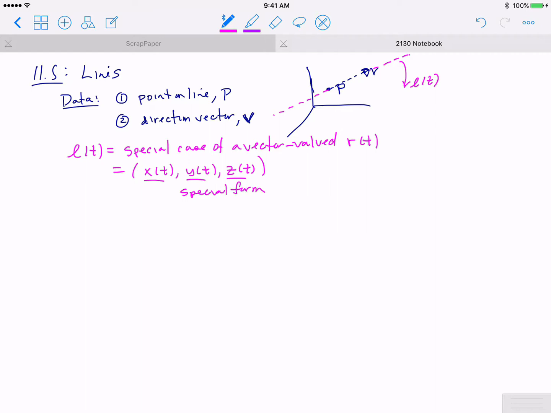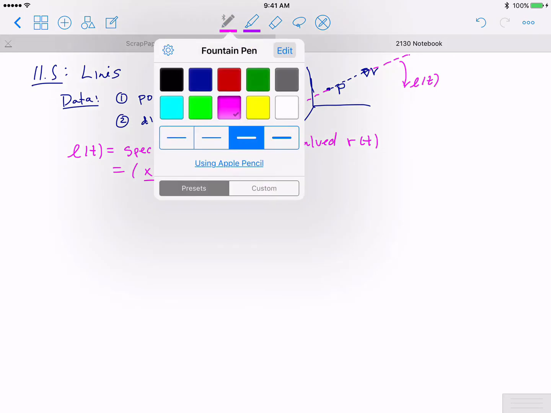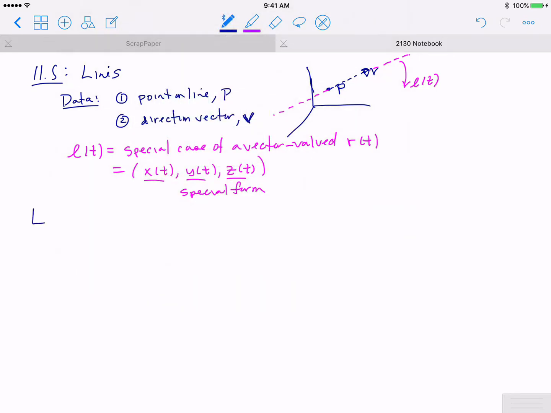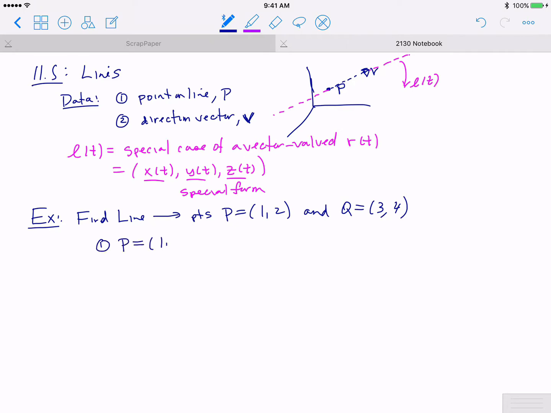Why don't we just start with a straightforward example here, just to get us going. Let's say I want you to find the equation of the line that goes through the points P and Q, where the point P is (1, 2) and the point Q is (3, 4). The first thing you're going to need is a point P, so why don't we just choose the point already labeled P, (1, 2).